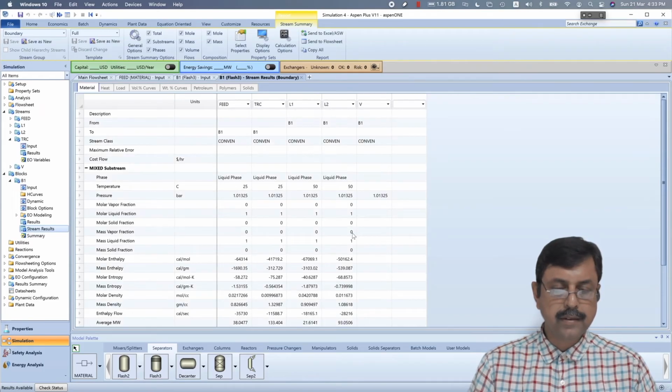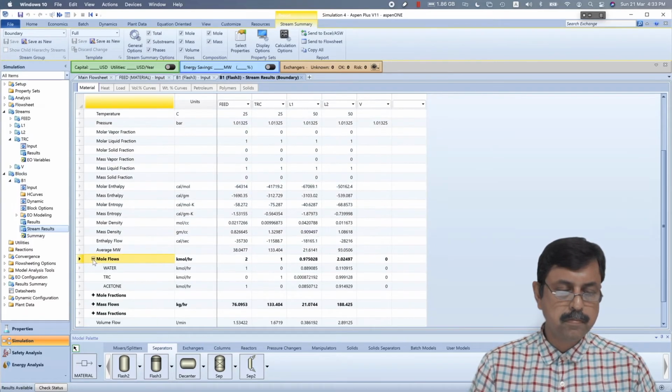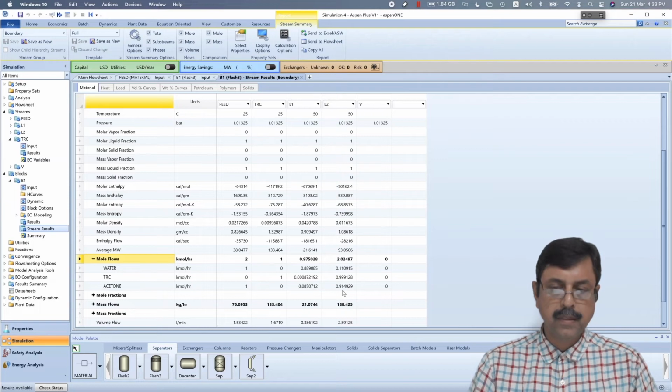See the stream results. So these are the stream results we have in the mole flow rate. Check the mole flow rate. Here we are getting acetone 91%.